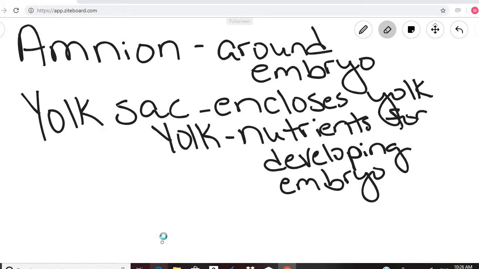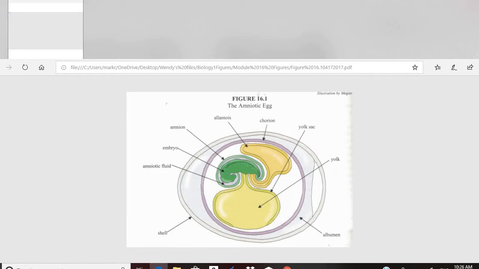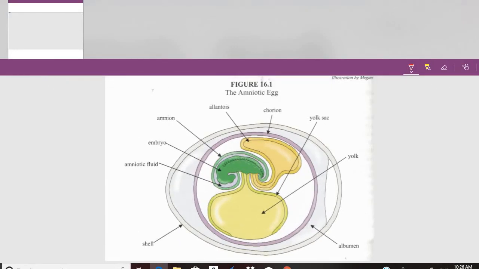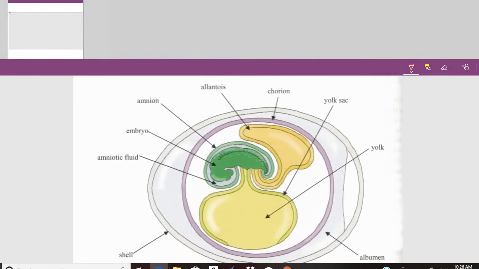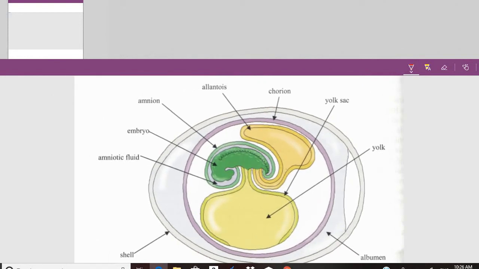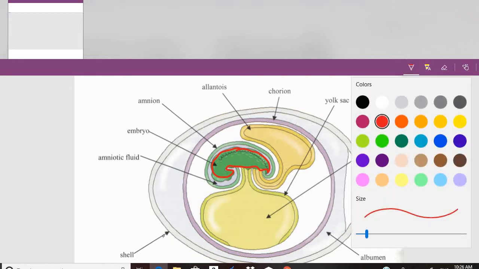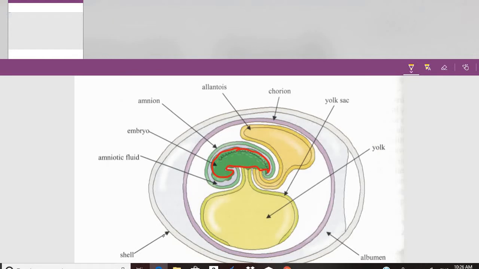Okay, so let's look at this picture. The two parts we've talked about: the green part here is the developing embryo for a reptile. And the membrane that goes around that developing embryo is the amnion.